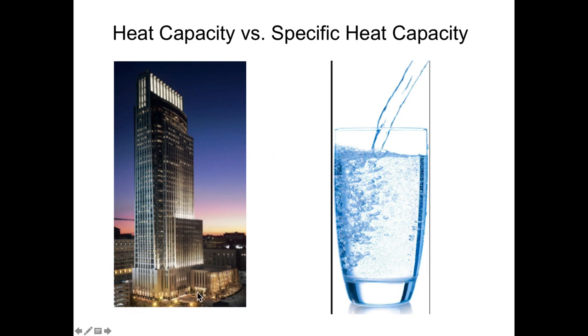The tower can hold much more heat than the glass of water. But when you look at specific heat capacity, what you do is you pull 1 gram out of the tower, 1 gram out of the glass, and then you compare those. And because water has a very unique property of being able to take a lot of energy without raising the temp very much, water actually has an incredibly high specific heat capacity.